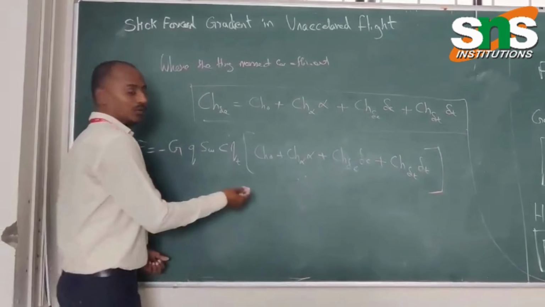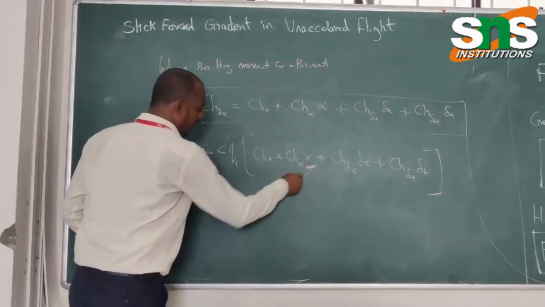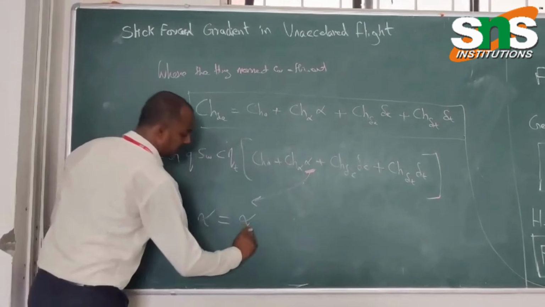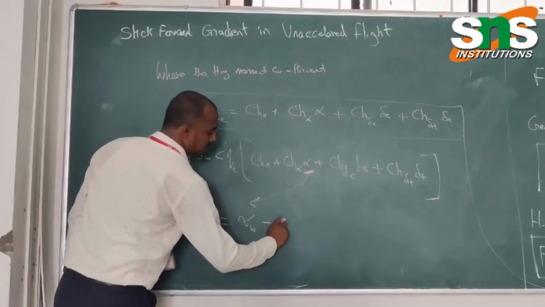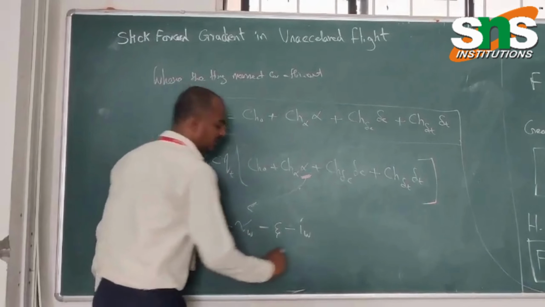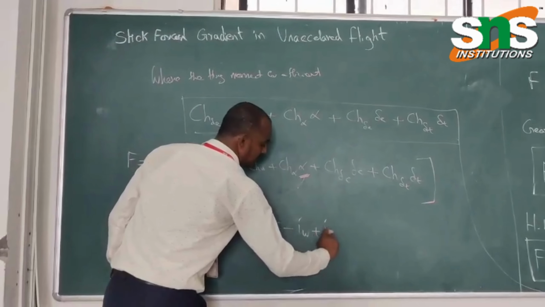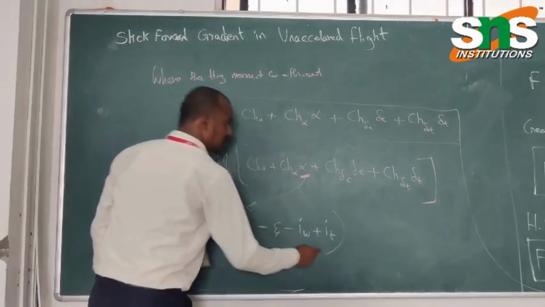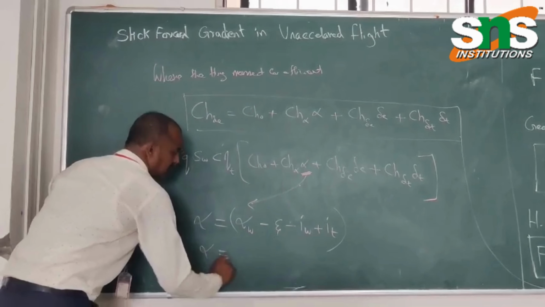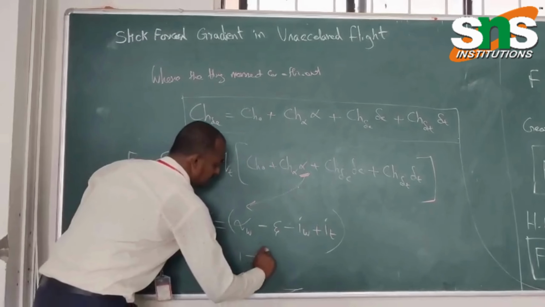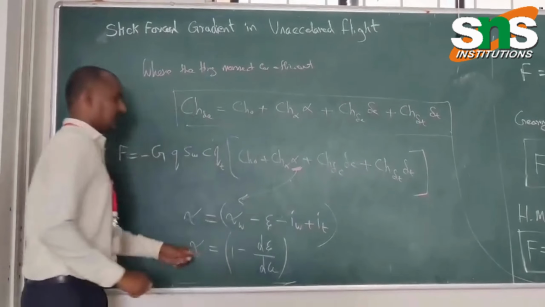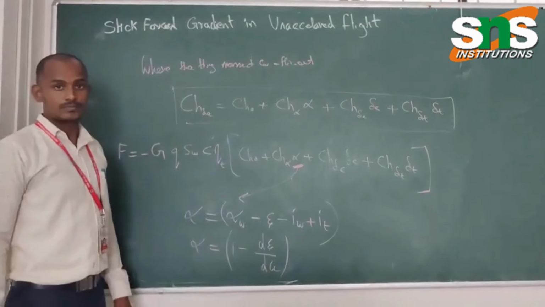Now we are going to add one more term for alpha. Alpha we already know: alpha_T is alpha_W minus the downwash effect, minus the wing incidence angle, plus the tail incidence angle. We can substitute this here and rewrite it as 1 minus d epsilon by d alpha.